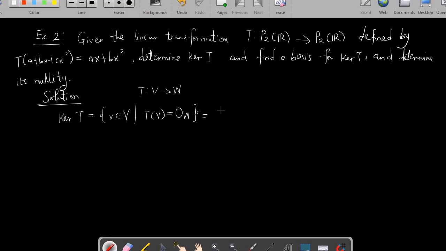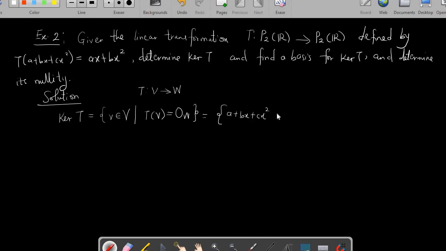If I'm going to mimic this same thing in this case, we have P2 to P2, so you have a plus bx plus cx squared. This is representing P2, as you can see here.